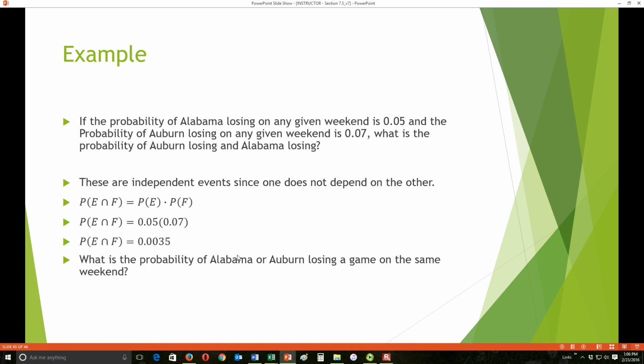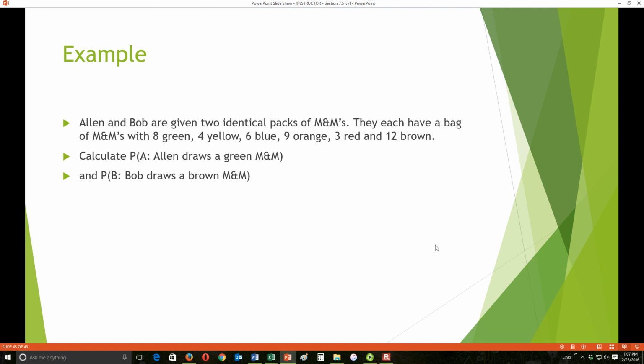What's the probability of Alabama or Auburn losing? This is an OR statement, so we're going to use our OR formula. We already know the probability of Alabama losing was 0.05, Auburn losing was 0.07, their intersection was 0.0035, so the probability of either team losing is 0.1165.